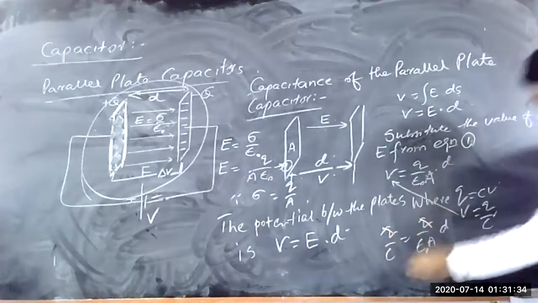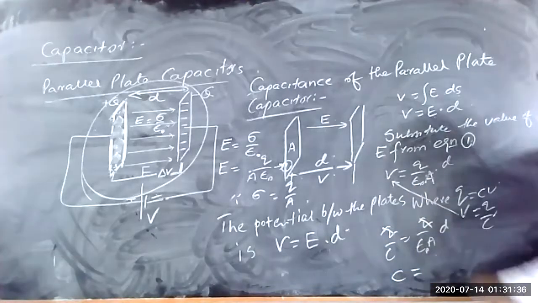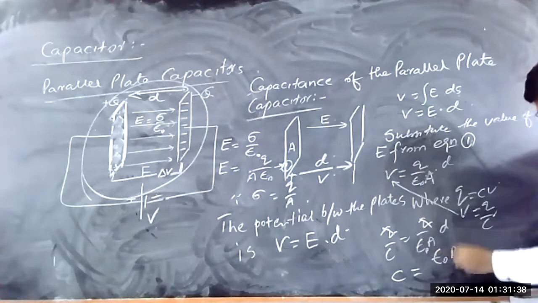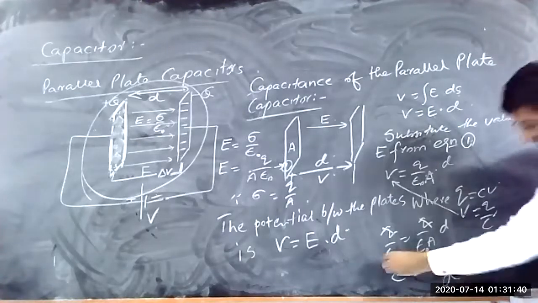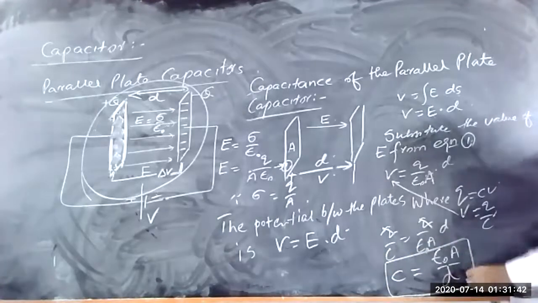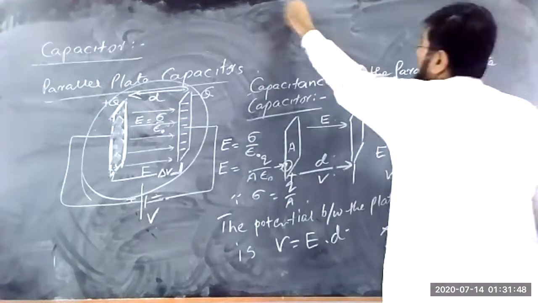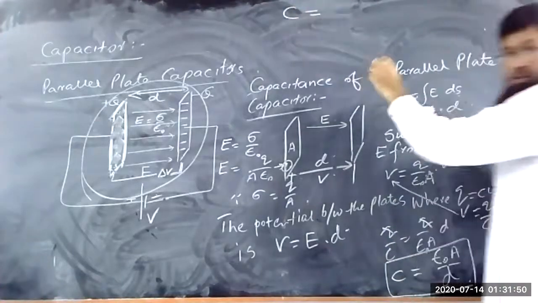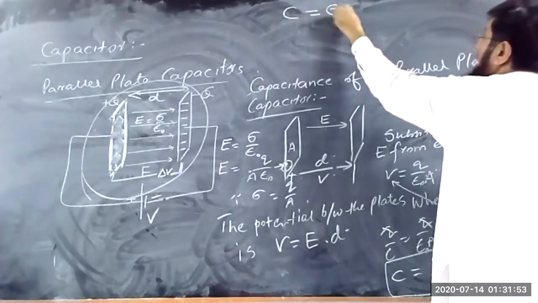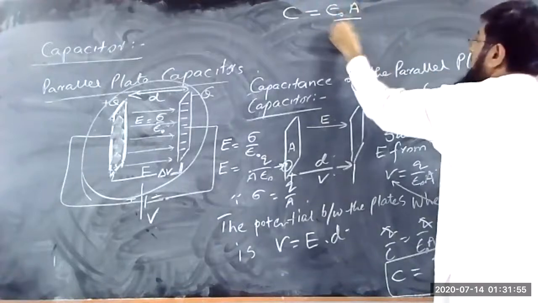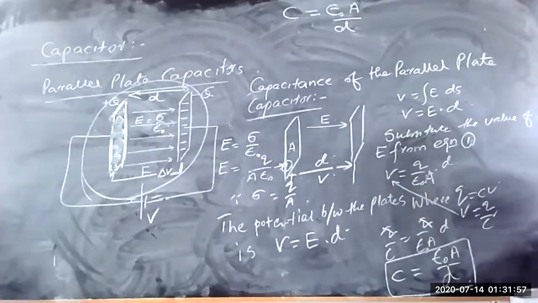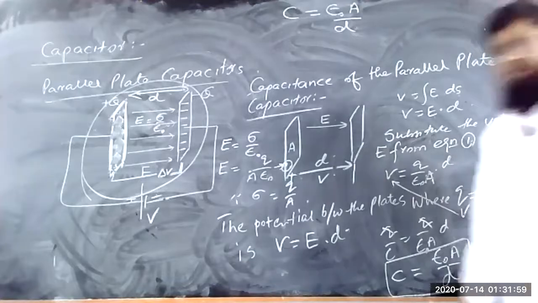If we take a reciprocal of it, C is equal to epsilon naught A over D. This is the capacitance of the parallel plate capacitor.